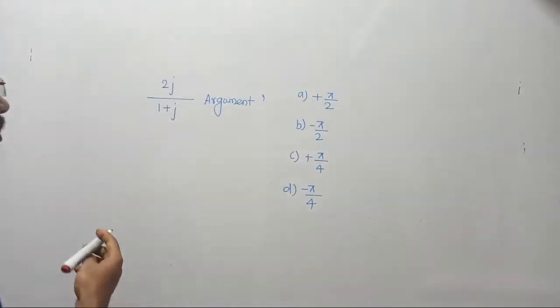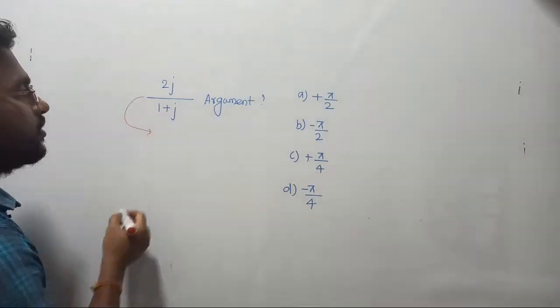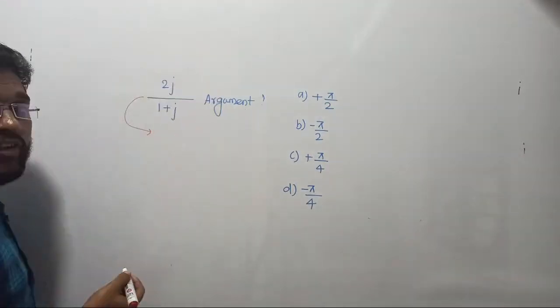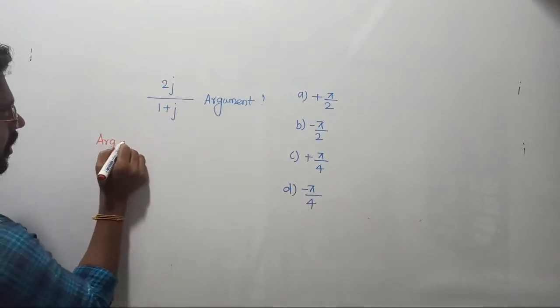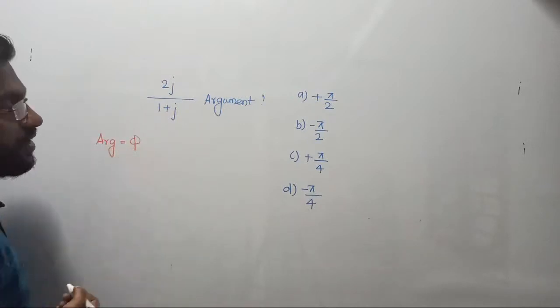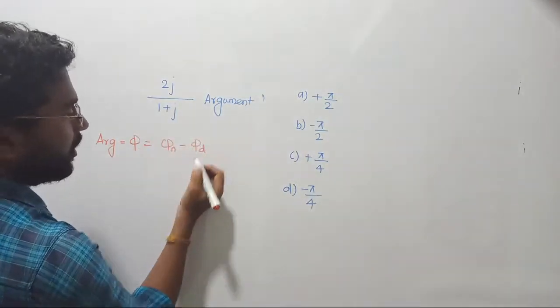Now the expression is 2j upon 1 plus j, right? For its solution, first find the argument, the phase angle offered by the function. I hope you all remember, I had already given these things. Argument of the function is nothing but the phase angle offered by the system, that is numerator angle minus denominator angle.